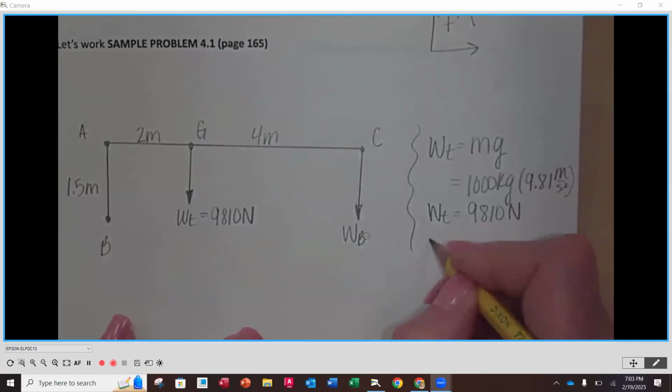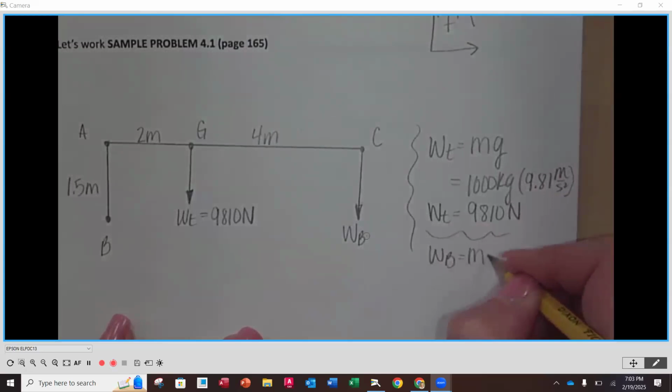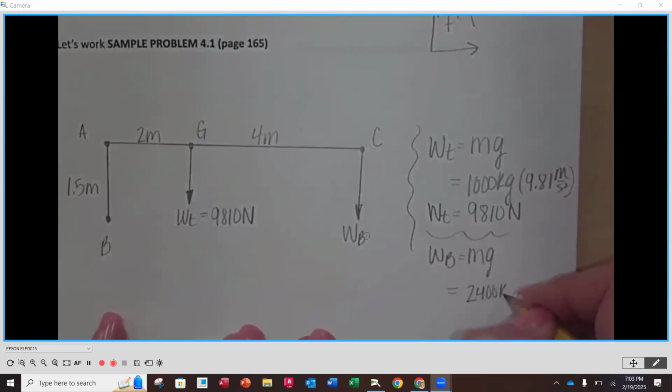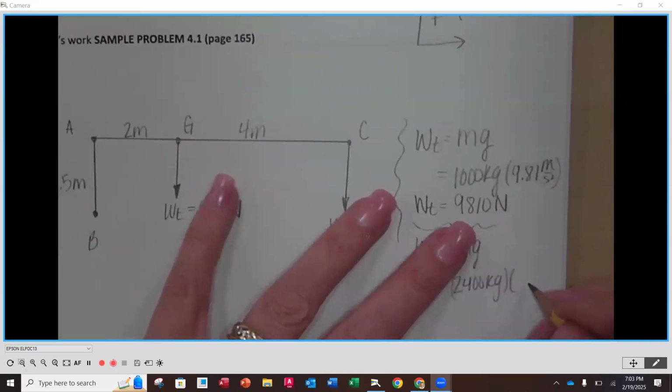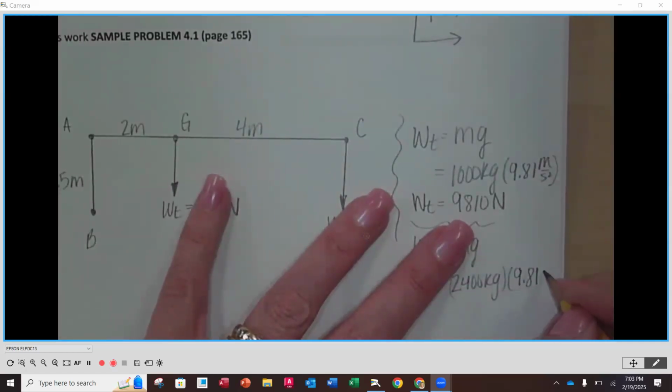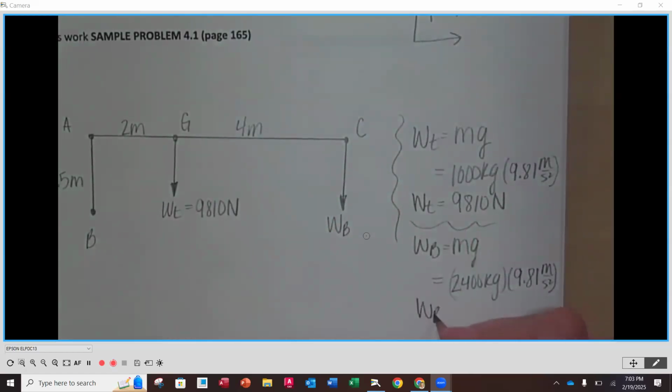It's no big deal. Then WB is going to be the same thing. It's mass times gravity. The mass here was 2,400 kilograms, and we're going to multiply that also by 9.81 meters per second squared. So for our WB, I've got to do it on my calculator.